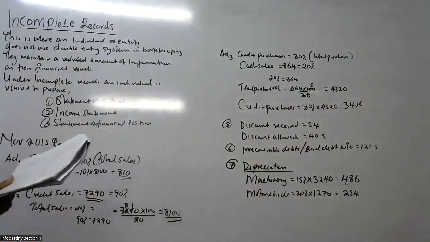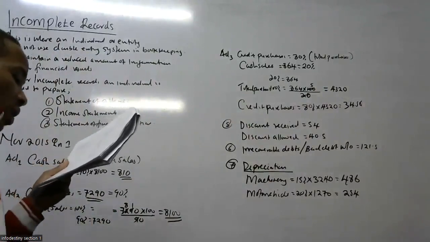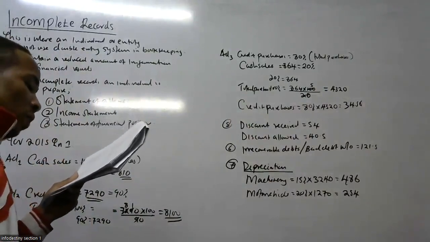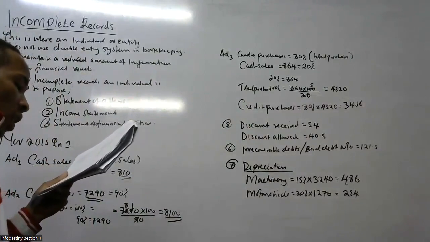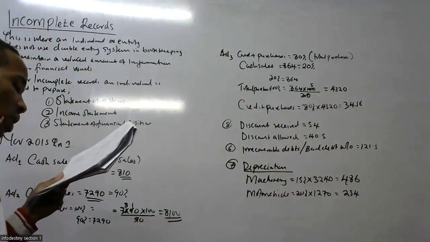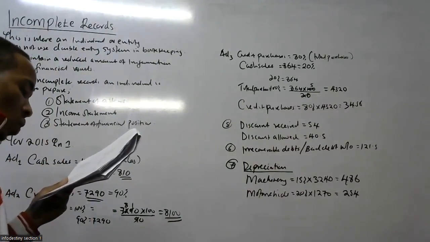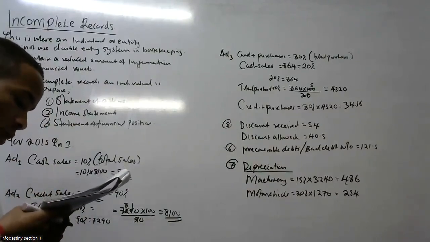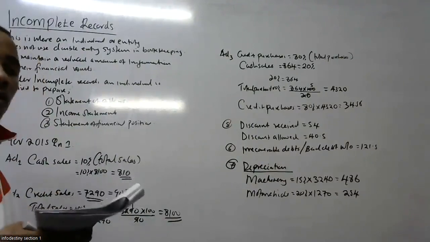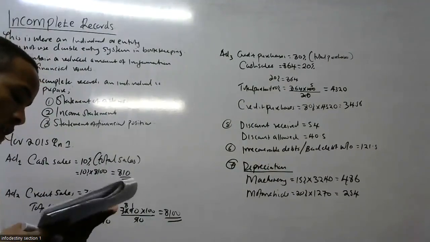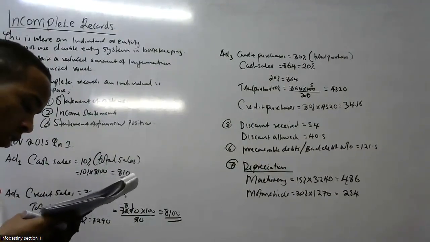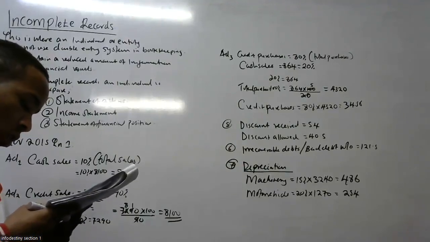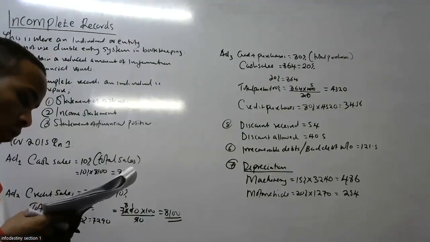Additional information 4, we say that the sales are at a profit markup of 33 and a third percent. That was the profit on the cost of sales.